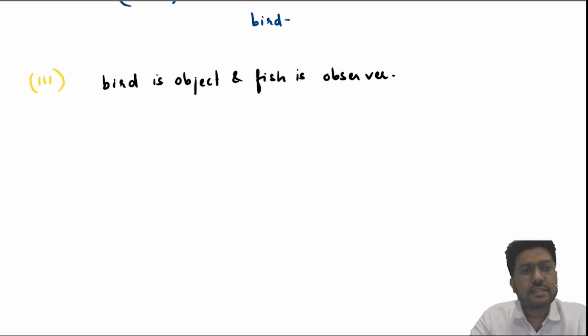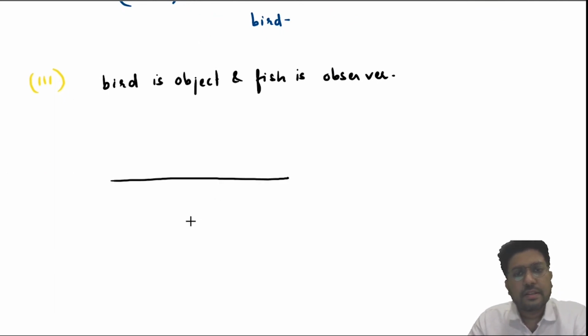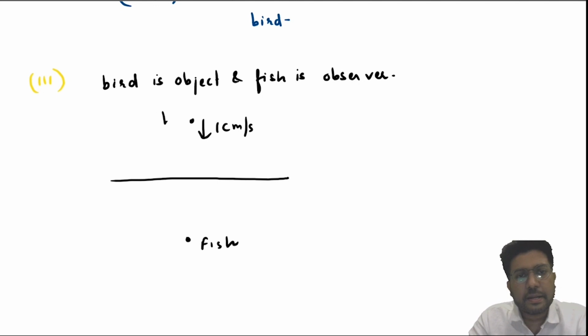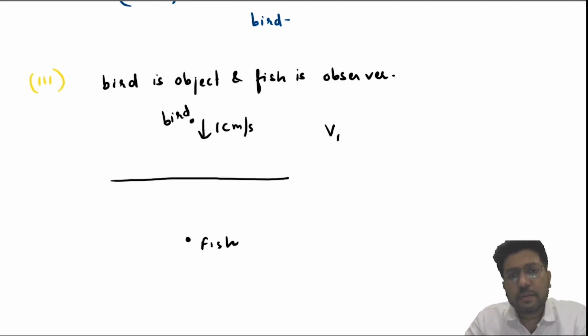So in this case, again let us draw the diagram. So this is the fish inside water and this is the bird, and the bird is moving downwards with a speed of 1 centimeter per second. So velocity of image is equal to mu2 by mu1 into velocity of object, right?